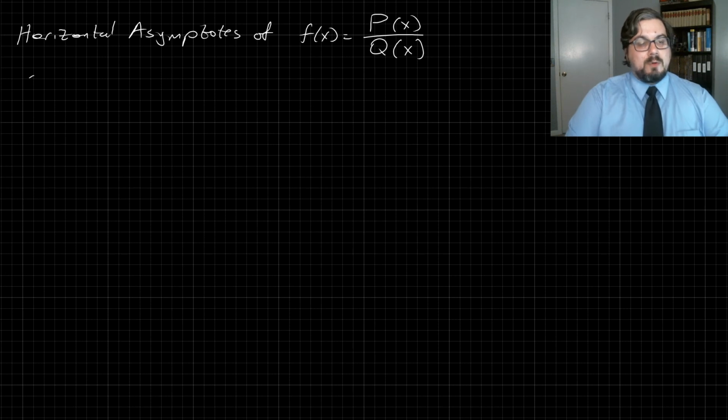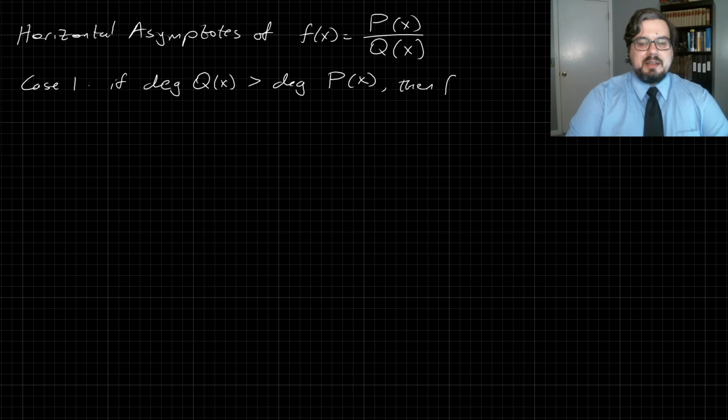So we have four cases. Case 1, if the degree of q of x is greater than the degree of p of x, then f has a horizontal asymptote, which I will abbreviate as HA. It has a horizontal asymptote of y equals 0.